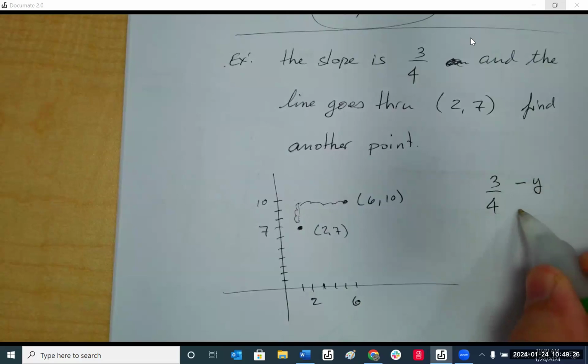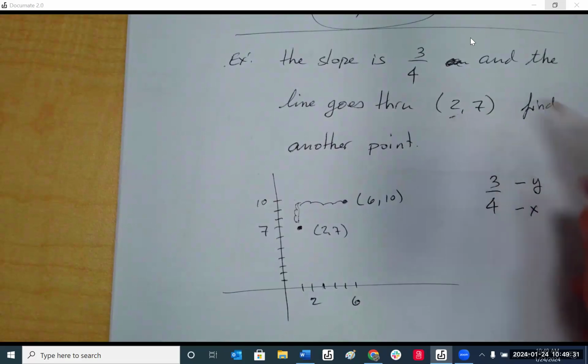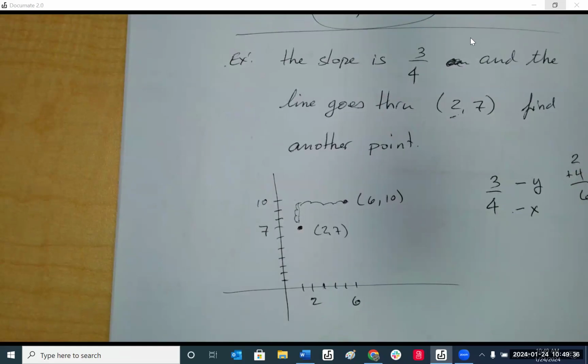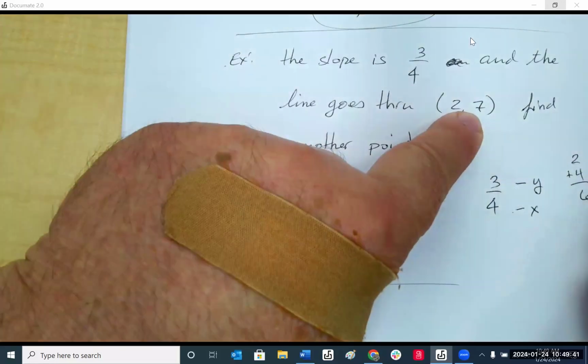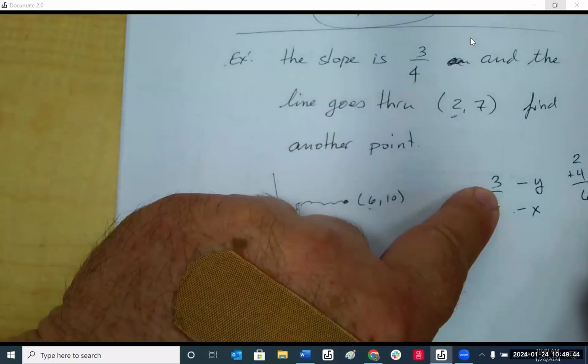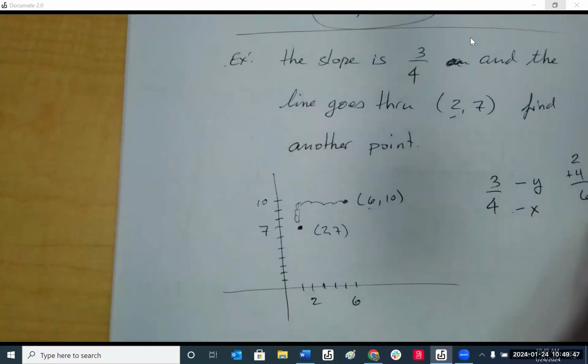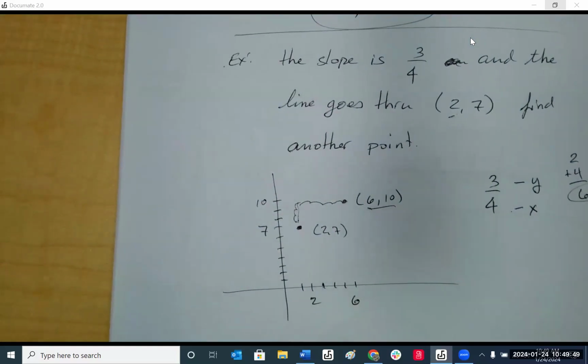This is the y values. This is the x values, right? So if I took my x value and added 4 to it, I get 6. If I took my y value and added 3 to it, I get 10, which is my next point. Make sense?